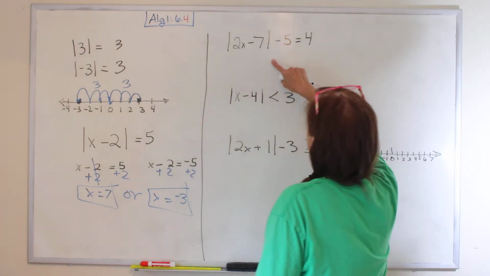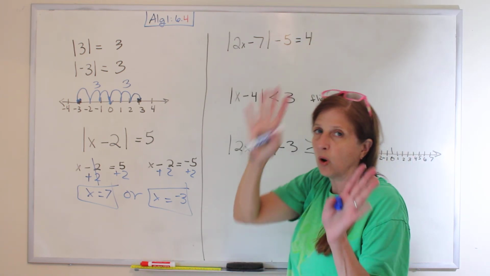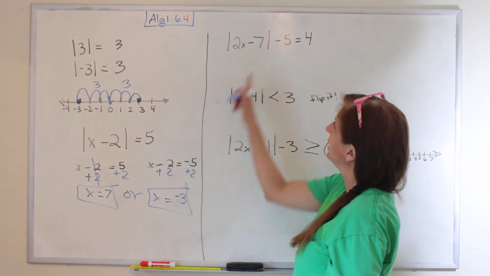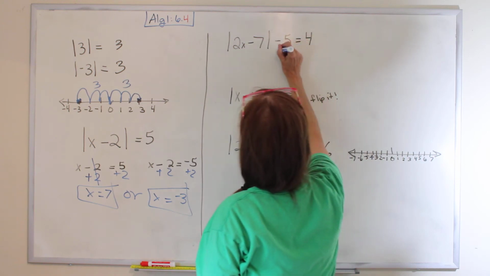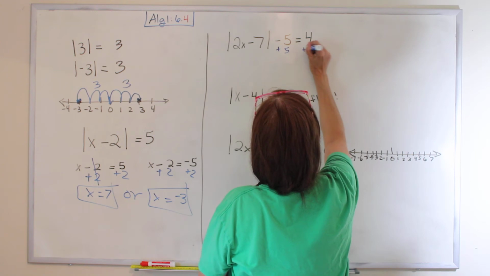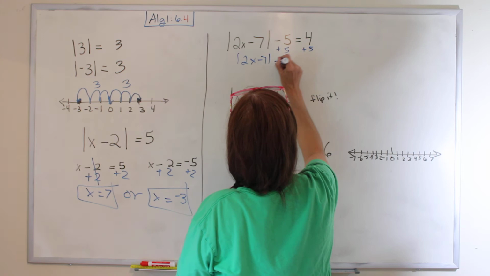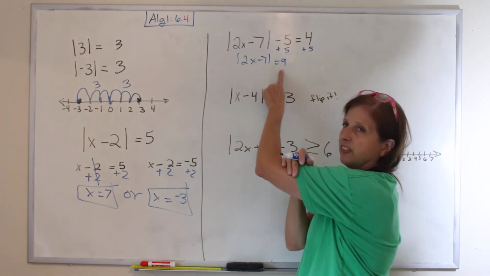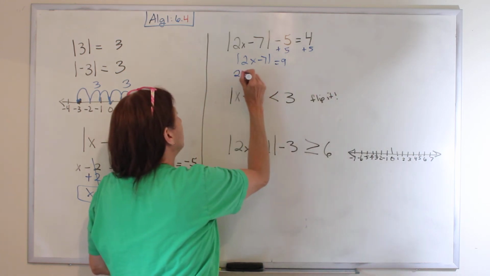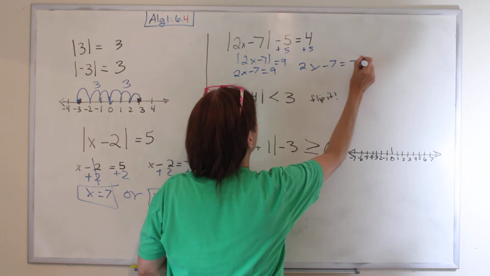All right, let's try this one. This one, we have the absolute value bars, a number, another number. Before we can do this, the absolute value has to be by itself on one side of the equals. So first, plus 5, plus 5. So I bring down the absolute value of 2x minus 7 equals 9. Is that positive? Yes. I can do the problem now. I write it twice: 2x minus 7 equals 9, and 2x minus 7 equals negative 9.